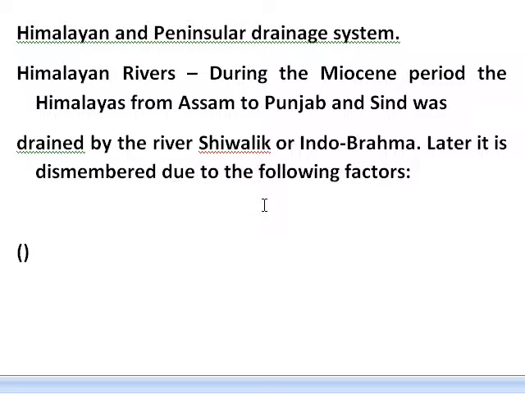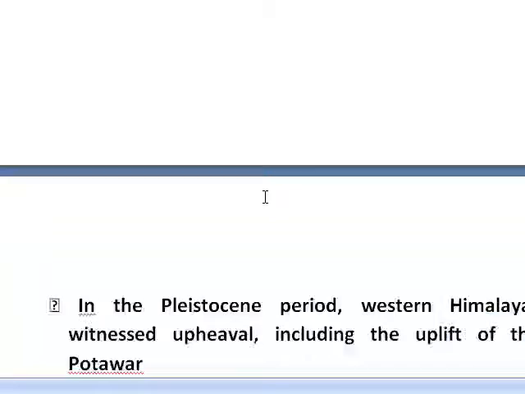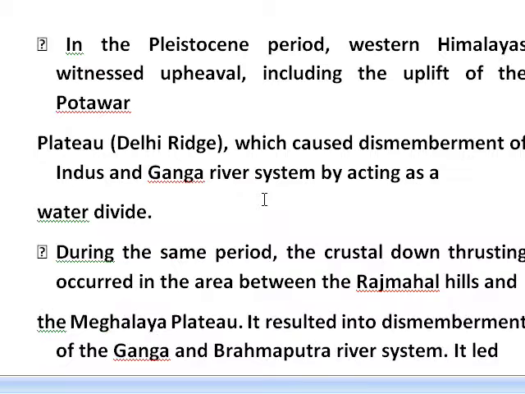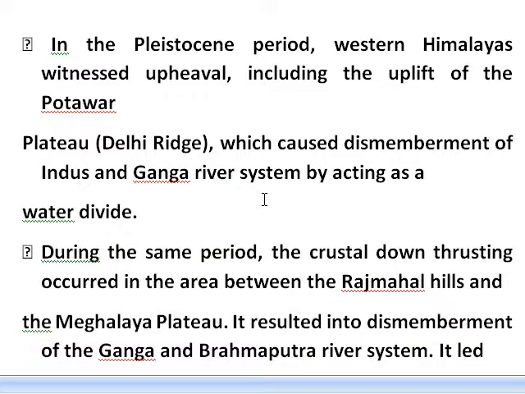Later it was dismembered due to the following factors. In the Pleistocene period, the western Himalaya witnessed instability, including the uplift of the Potwar Plateau and Delhi Ridge, which caused dismemberment of the Indus and Ganga river systems by acting as a water divide.